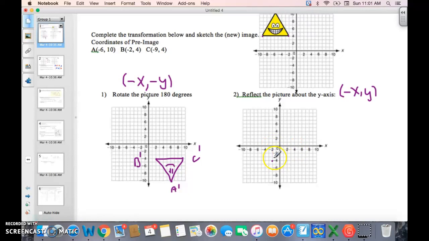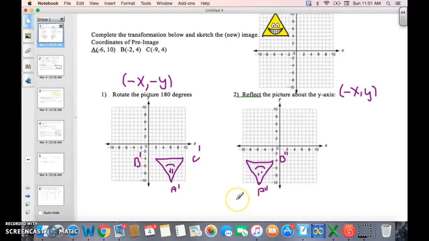So this is my new B, and I'm going to put two prime symbols. A is at +6, so it's going to go to -6, -10. That's A double prime. And then C is at +9, so it's going to go to -9, -4. So now my guy's over here, and again he's still got an upside down smile and his eyes are upside down.